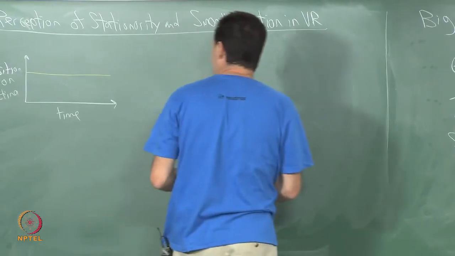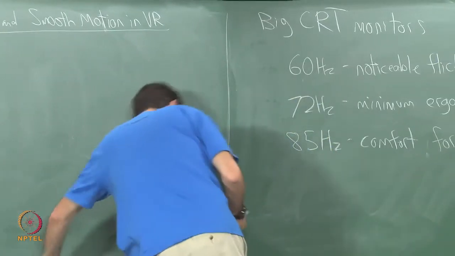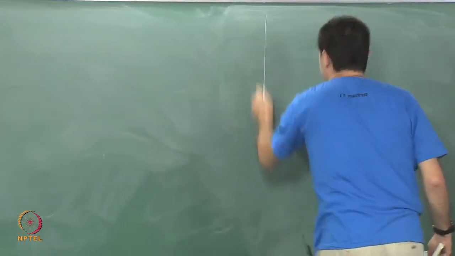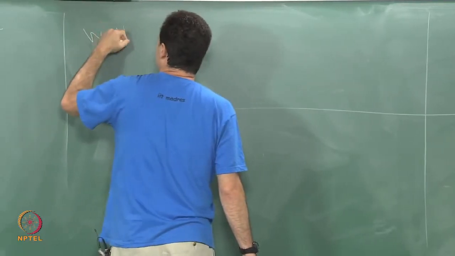So let's think about what happens when looking at a head mounted display. Before we get to that, in the process of getting to that, let me just think about some different cases here. Let's think about displays, and I want to look at 4 different cases. Here I want to have a world fixed screen.